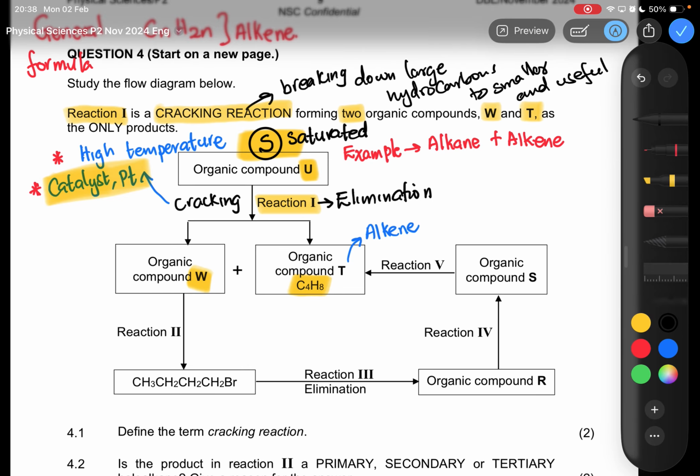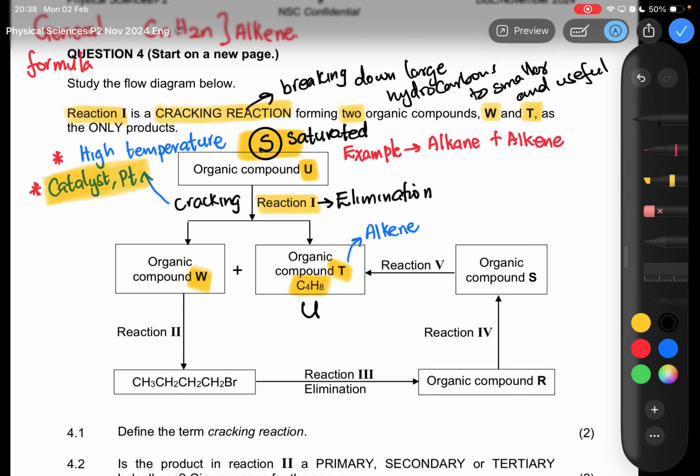Now let's look at compound T. Compound T is an alkene, and we know that an alkene is unsaturated. A compound that is unsaturated must contain one or more multiple bonds between carbon atoms.